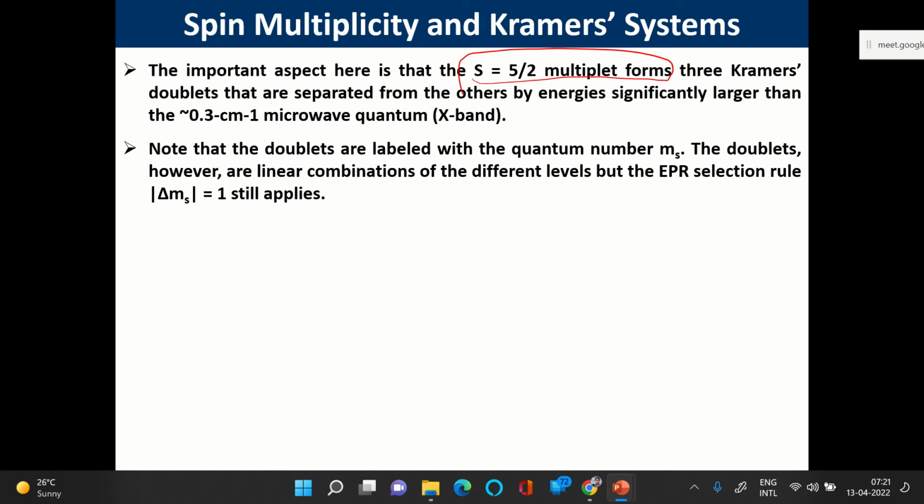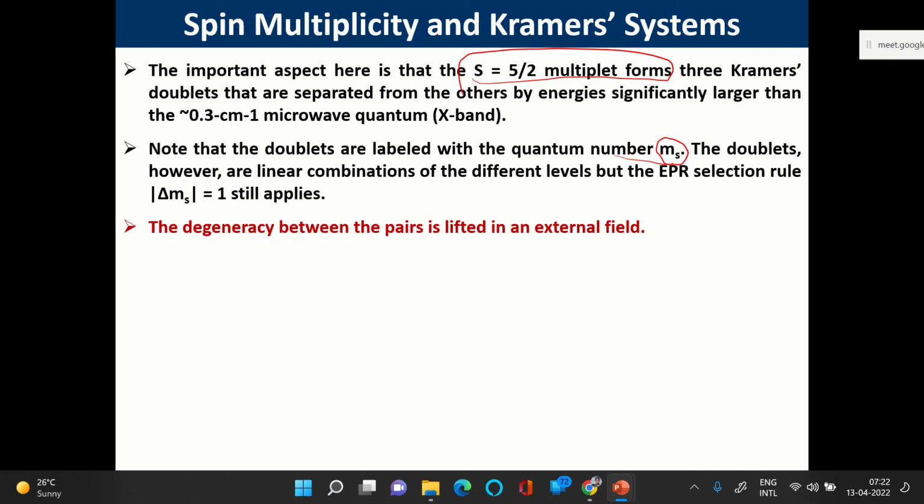Doublets are labeled with the quantum number ms that we had done already. The doublets, however, are in fact linear combinations of two different levels. Initially, when I was talking in semester 2 about spin wave functions, I told you about alpha and beta; in the case of more than one electron, that is the real situation that we define.